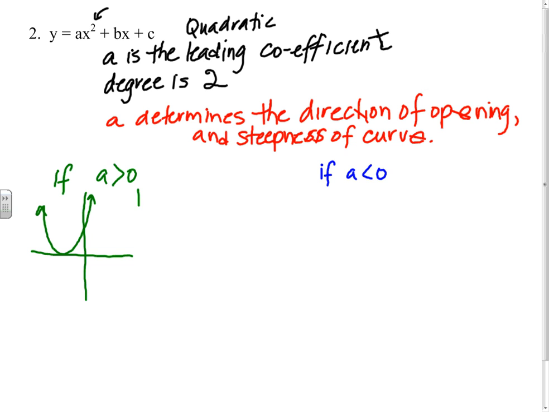The domain would be this thing goes to the left and to the right forever. Any x value is acceptable. X can be any real number. The range, however, has a limitation. If it opens upwards, then y has to be greater than or equal to k, the y-coordinate of the vertex.